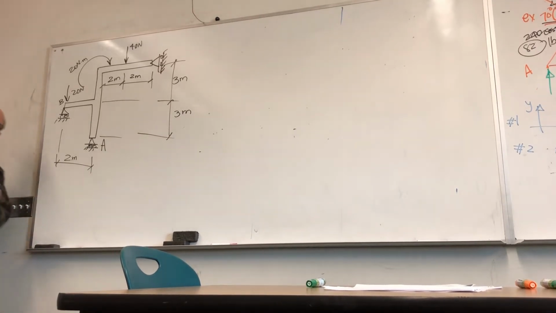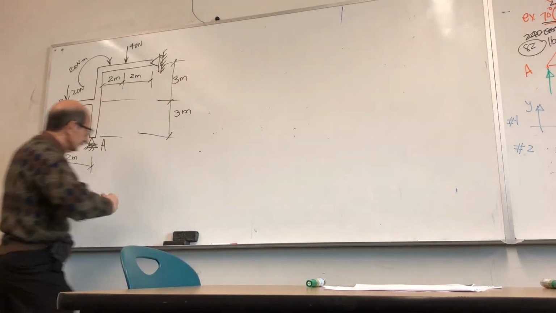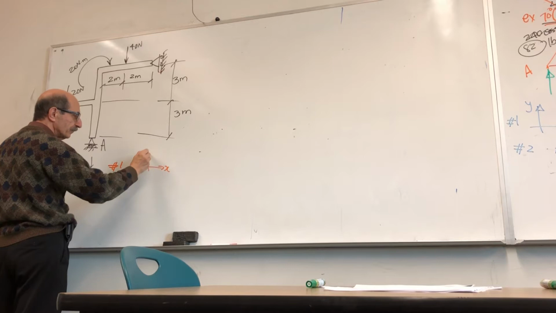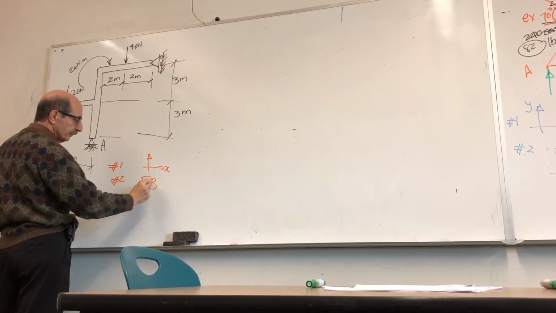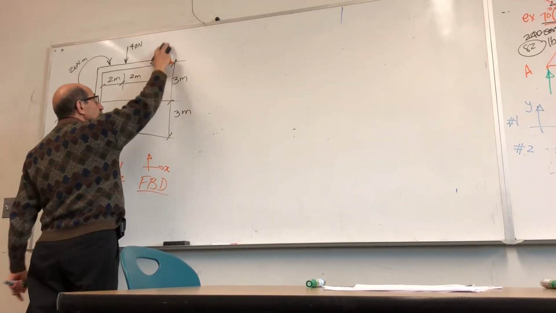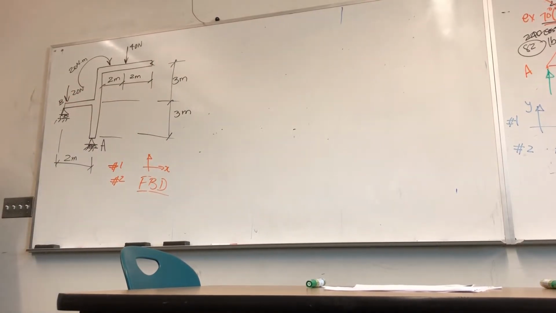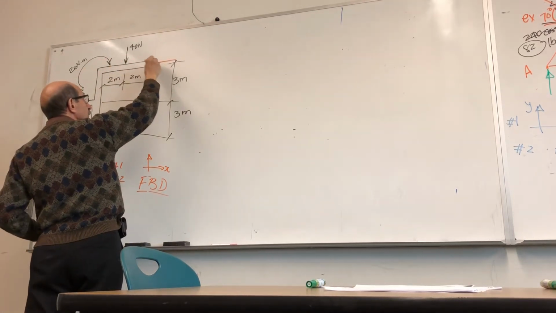Step one, axes, X, Y. Step two, free body diagram. So, in the interest of time, you have a roller here, where would that force be? Directed horizontally this way.